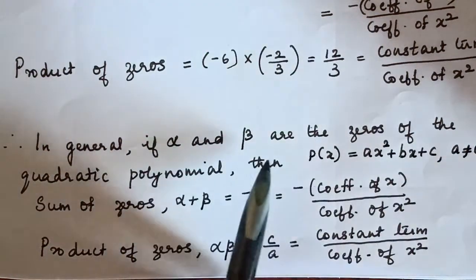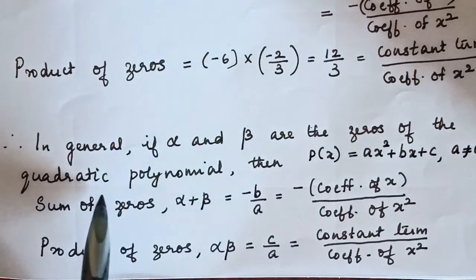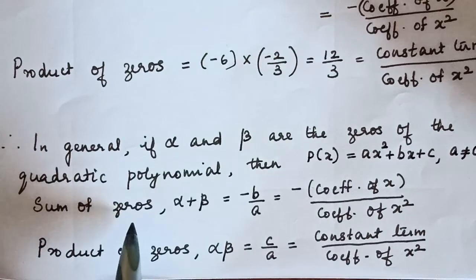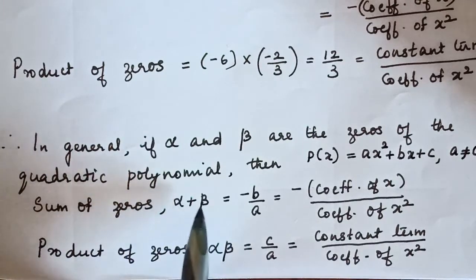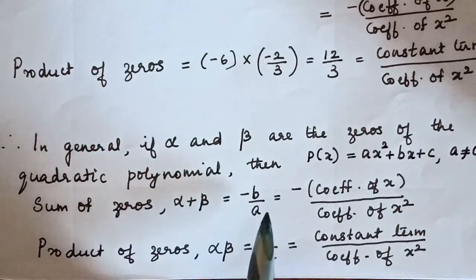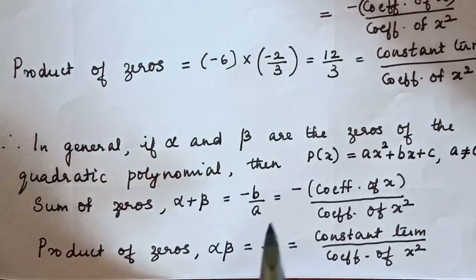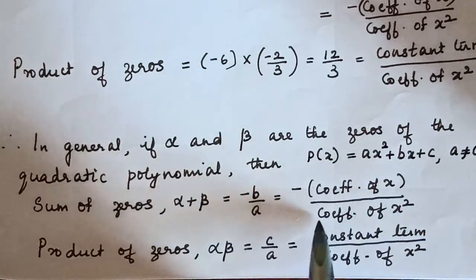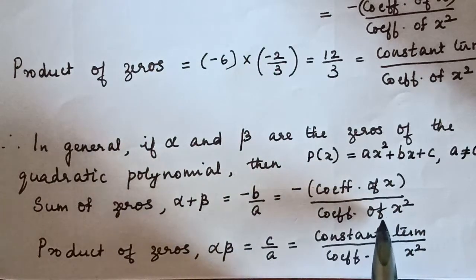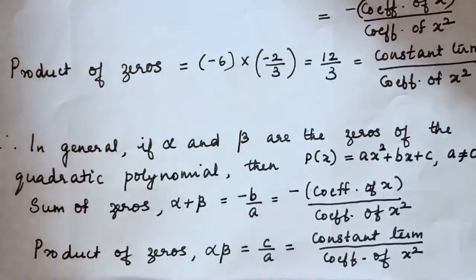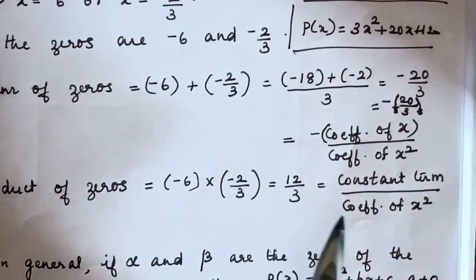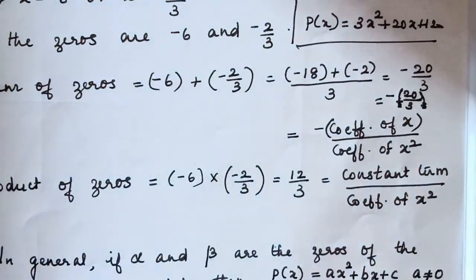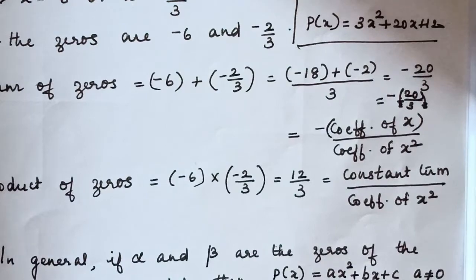So if alpha and beta are the zeros, then the sum of zeros, alpha plus beta, is equal to minus b by a, which is equal to minus coefficient of x divided by coefficient of x squared. So from the earlier sum, we got the relation between the sum of zeros and the coefficients of the polynomial.